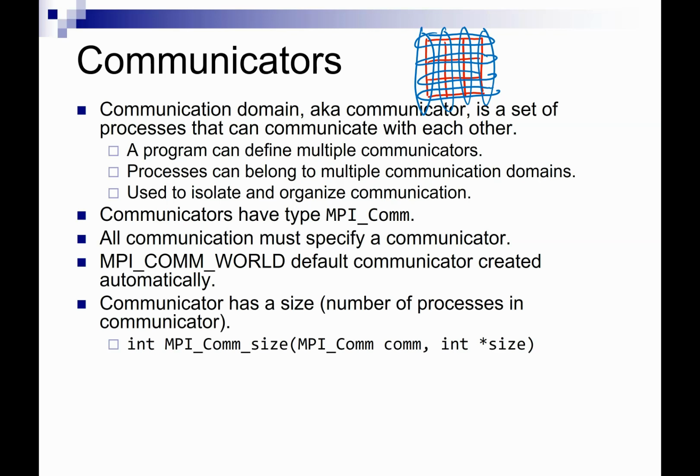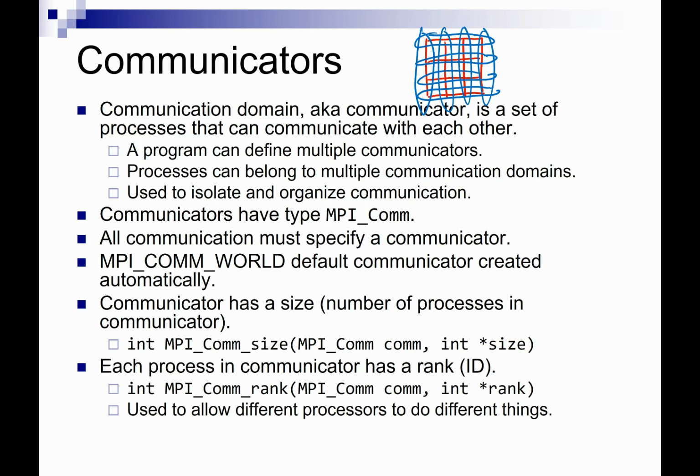Communicators have sizes. If you take a communicator and call MPI_Comm_size, you get back the size of that communicator in the variable size. Then within each communicator, each process has a rank.